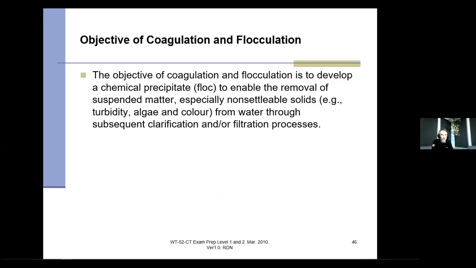We want to get rid of all these things: the colloids, the turbidity, color, the algae in the water, and get it ready to remove out of the water. That's exactly what we're going to be doing here. So coagulation is making these flocks, and flocculation, which we'll talk about, is making these flocks work for you, getting these other products out of the water.